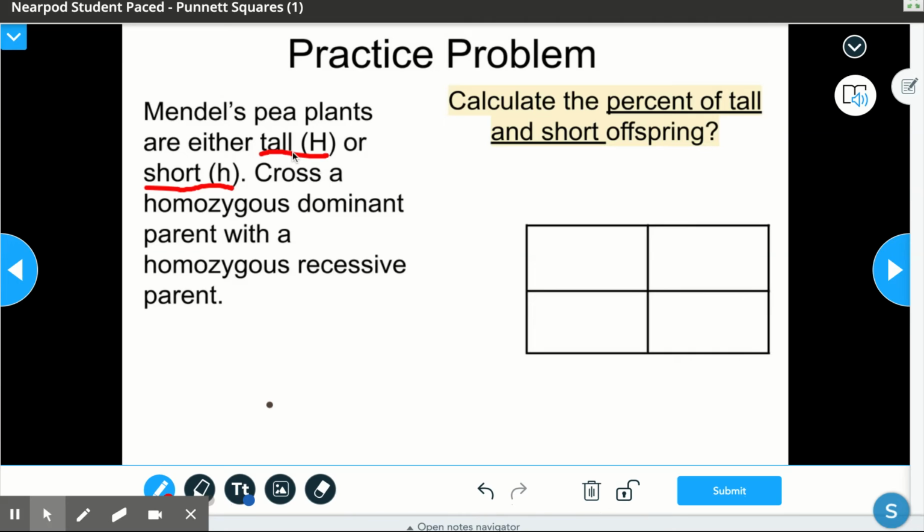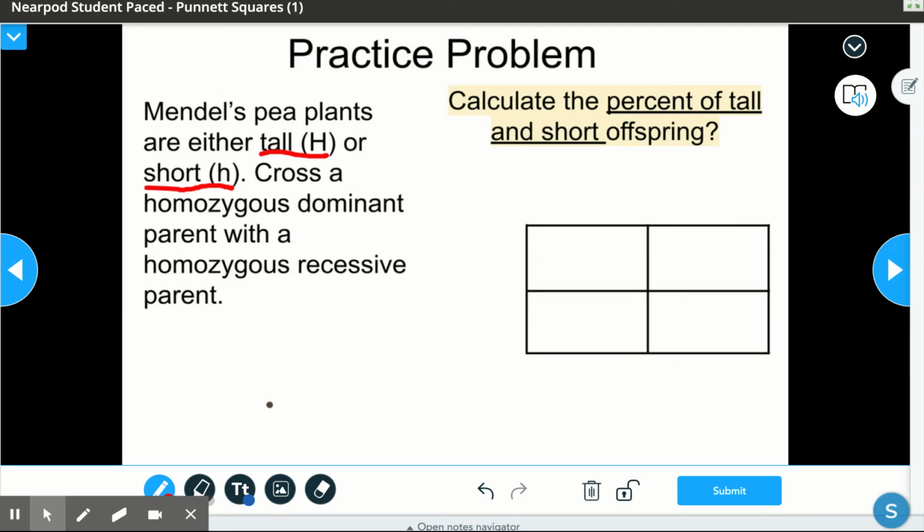This means that the tall trait, or the tall allele, is dominant. We always use uppercase letters to represent dominant alleles, and the short allele is recessive. We use lowercase letters to represent recessive alleles. Okay, so we identified: tall is dominant, short is recessive.